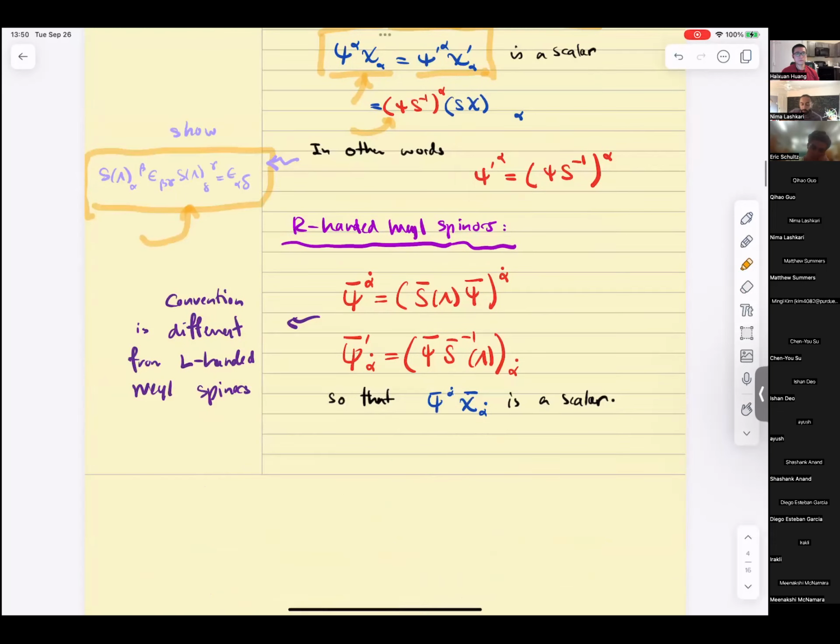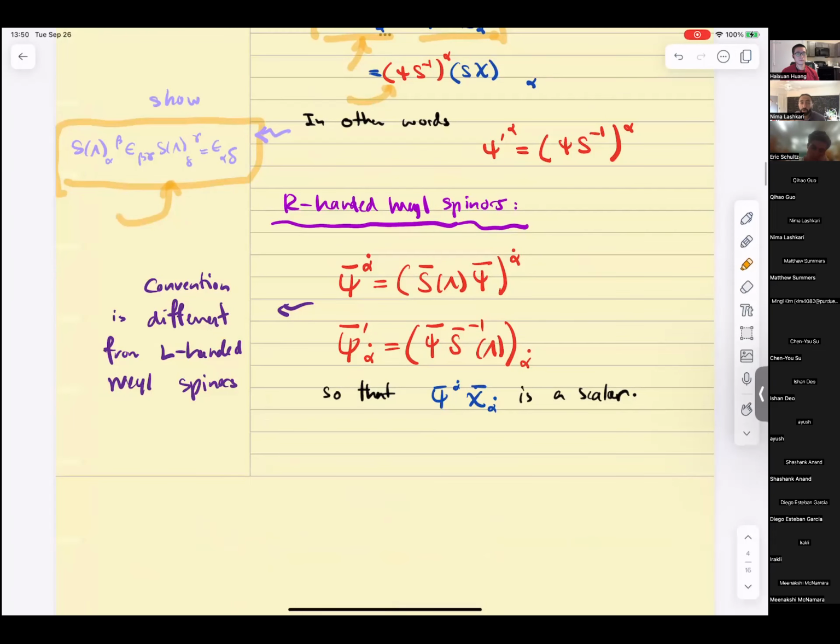Now I'm going to mention a point: a similar story holds for right-handed Weyl spinors, and I'm going to use S̄ for the representation matrix. Notice that going from left-handed to right-handed spinors, I switch my notation and convention. There's a reason for that. This is a convenient notation: for the upper index one, I use ψ S̄, and for the lower index one, I use S̄^{-1}(Λ).